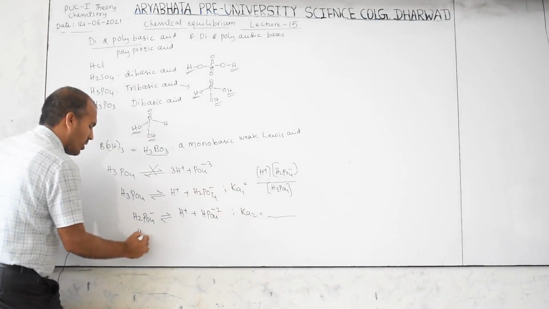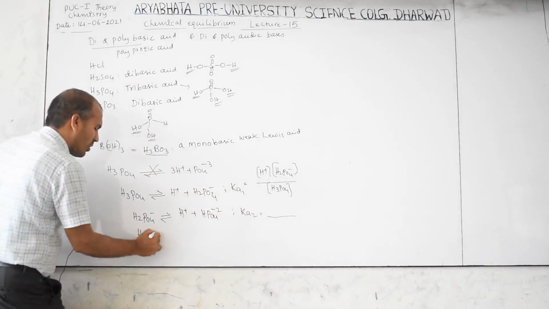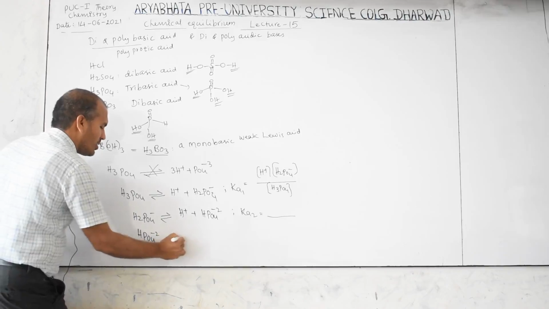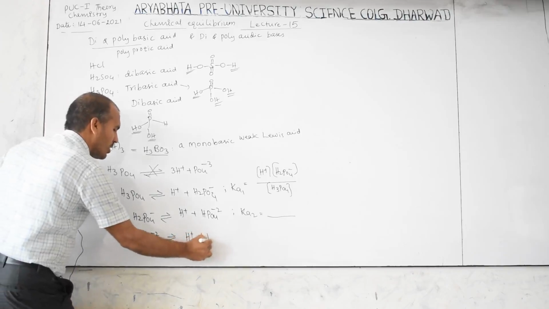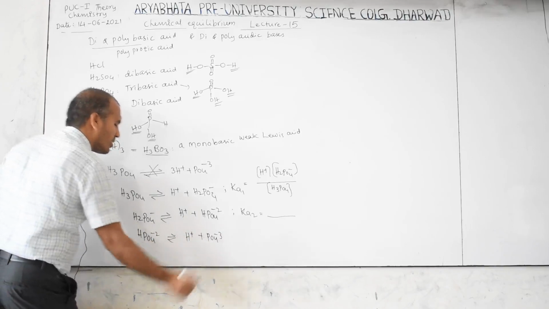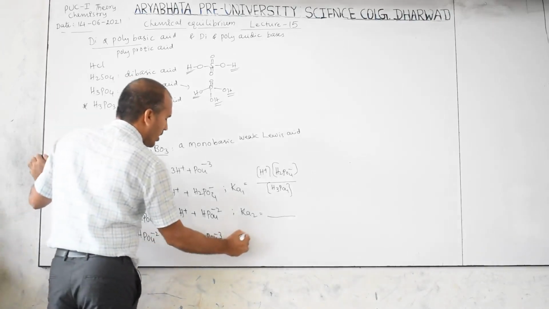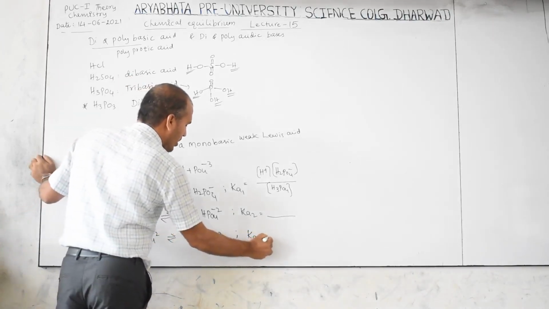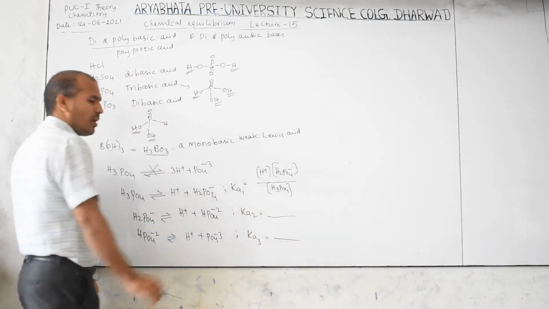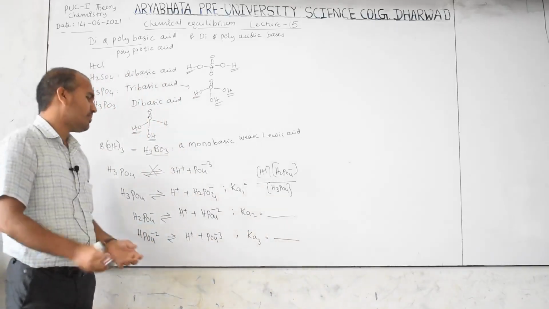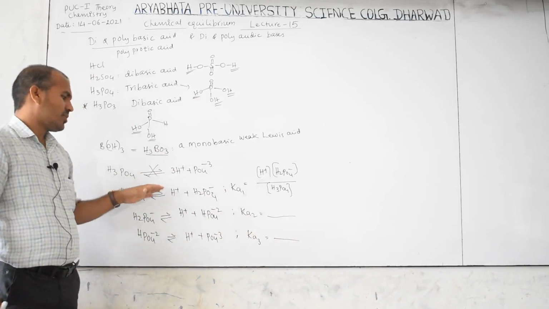Then the third step is HPO4 2 minus ionizing into H plus and PO4 3 minus, and this will be Ka3. Again you can write product by reactant.